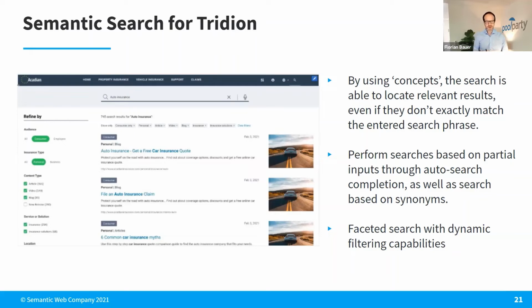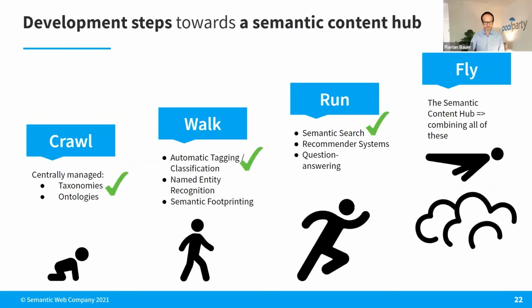And of course, there are possibilities like faceted search with dynamic filtering capabilities now also in Tridion. All of that is based on the concept of the Semantic Content Hub, and PoolParty Semantic Suite is the underlying tool to provide those services and possibilities.